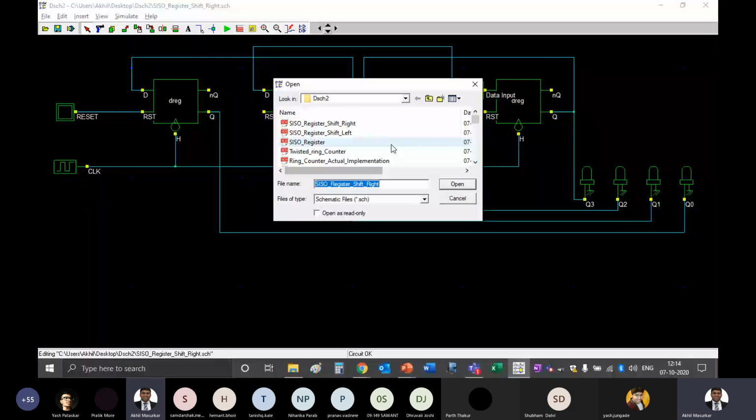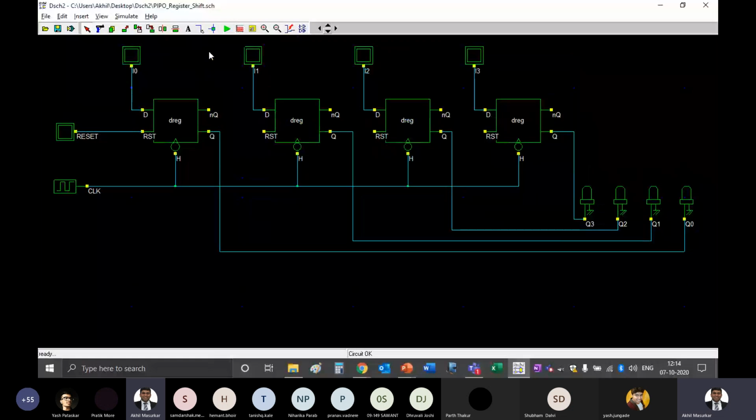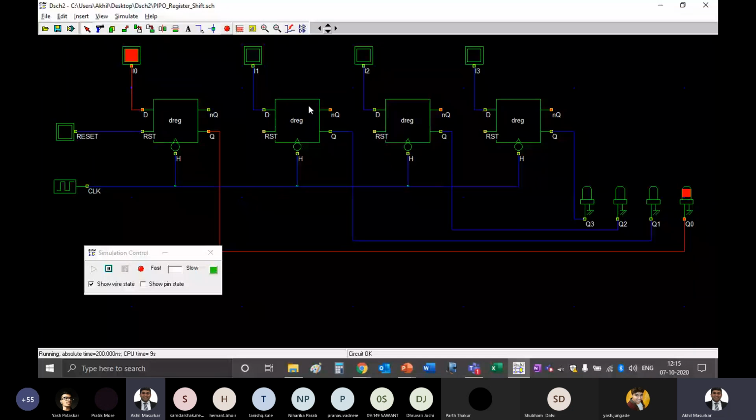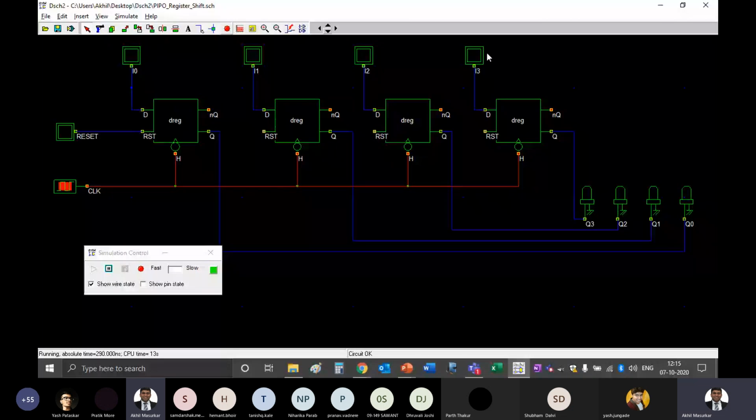It is PIPO. So you can see here, in one clock I am loading the data, and in another clock I get the output. So this is D0, D1, D2, D3, and I get Q0. Whatever I load in one clock, I get it in the next clock.